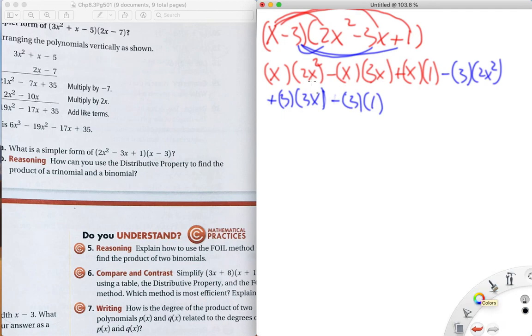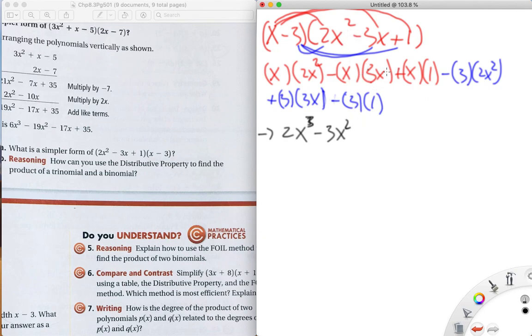Then the next step is to multiply these guys. So I have x times 2x squared, which is 2x cubed, minus x times 3x, which is 3x squared. And doing it this way, you can end up doing it easier for mental math.